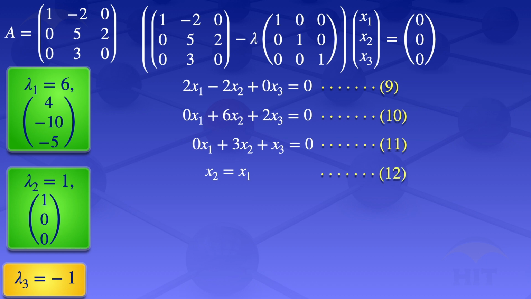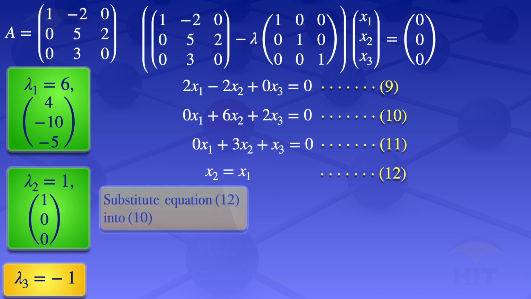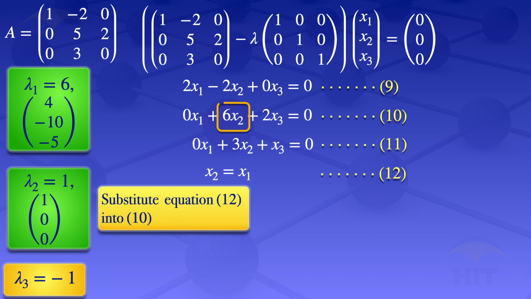And then substitute equation number 12 into equation number 10. Both in equation number 12, we're having an x2 there, but we're saying the x2 is x1. So if we put x1 there, then we'll have 6x1 plus 2x3 is equals to 0, which would then give us x3 in terms of x1. We'll have x3 is equals to minus 3x1.